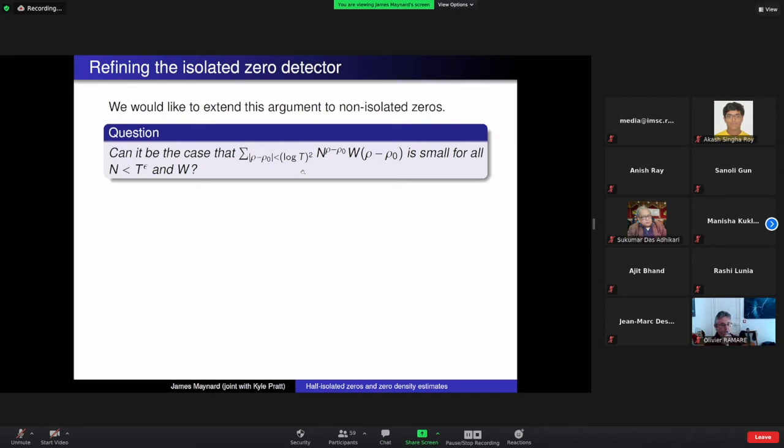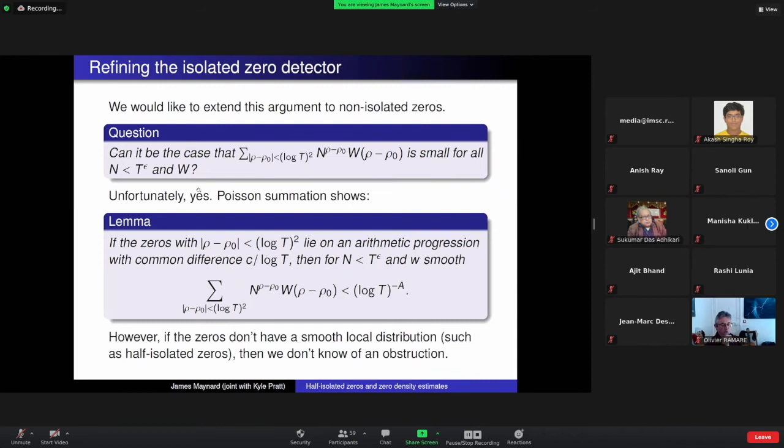But unfortunately, it can be the case that this sum is uniformly small if the devil is allowed to place where the zeros close to rho 0 are. And again, it turns out that it's our familiar enemy of the zeros lying locally in a vertical arithmetic progression.